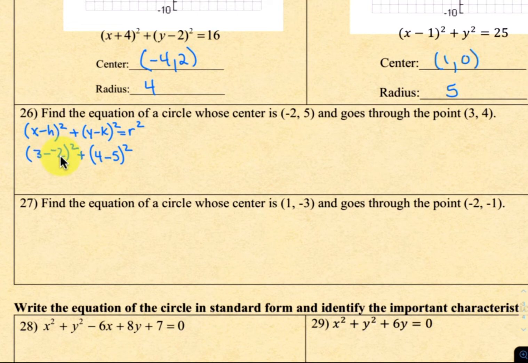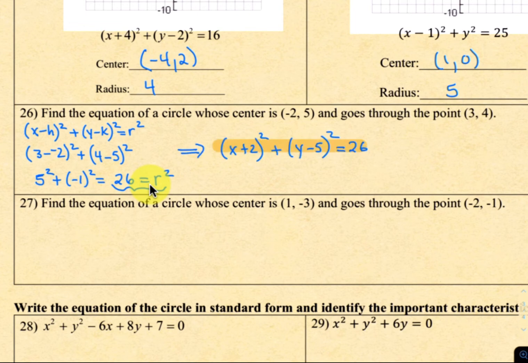That's (3 − (−2))² + (4 − 5)², and that's going to equal 5² + (−1)², which is 26. So 26 is the radius squared. And now we can write our equation. That's (x − h)² + (y − k)² = r², which comes out to be (x + 2)² + (y − 5)² = 26.